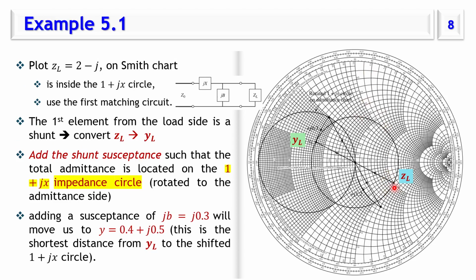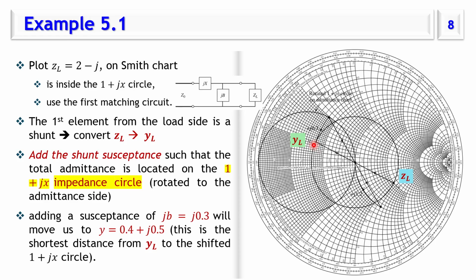Once we have our load defined on the Smith chart, we can flip to use the Smith chart as a Y Smith chart, as an admittance Smith chart. How to do this is just a 180-degree reflection of the load point. So if this is zL, then this would be yL.